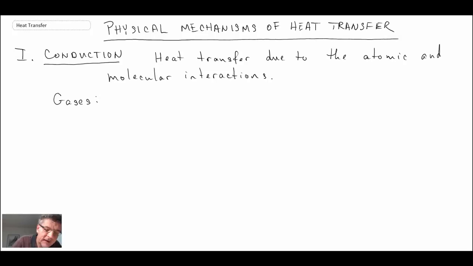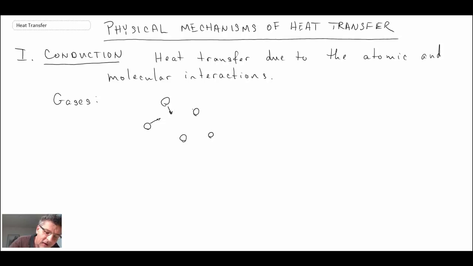When we're looking at conduction in gases, we're assuming that there is no macroscopic velocity of the molecules or the atoms. They're all moving around on their own, but macroscopically, a bulk of them is not moving, because then that would be convective heat transfer. But to begin with, for gases, we'll sketch this out. This comes from the kinetic theory of gases, where you have these molecules or atoms moving around.